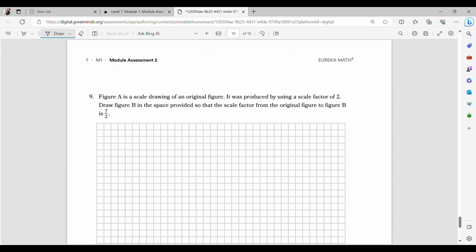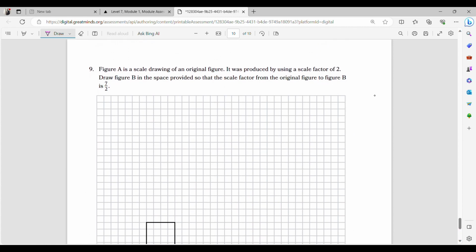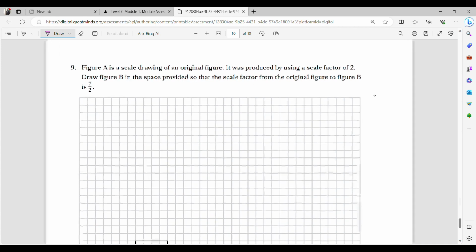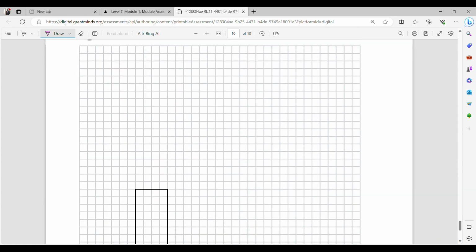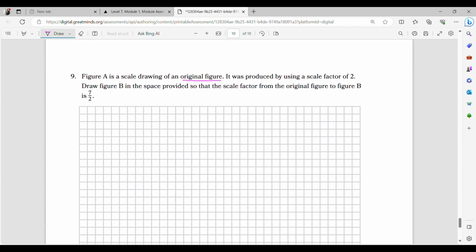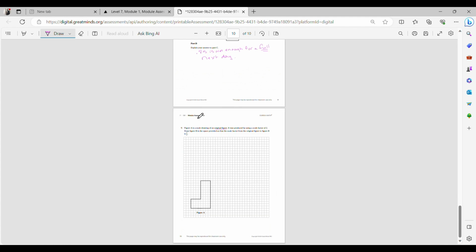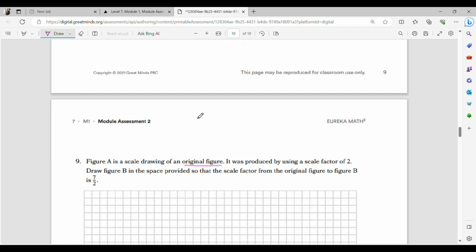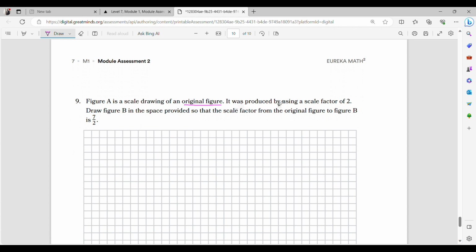All right. This one's a doozy. Let's have fun with this. So, figure A is a scale drawing from an original figure. That's telling us something. This is figure A, the original figure they're not showing us. That's too small. It was produced by using a scale factor of 2.